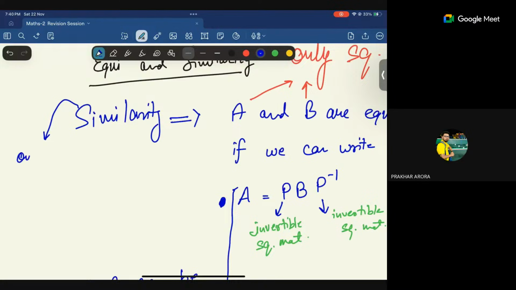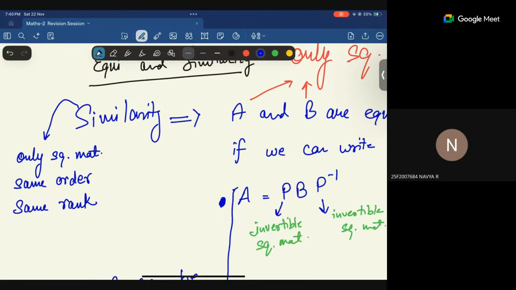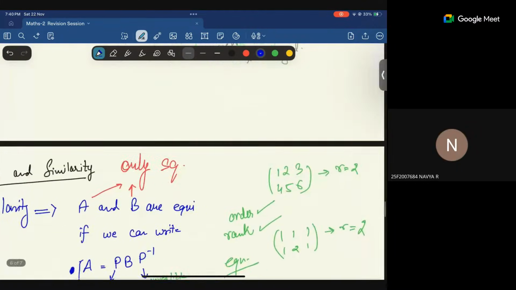You derived R is equal to 2, right? How was that?